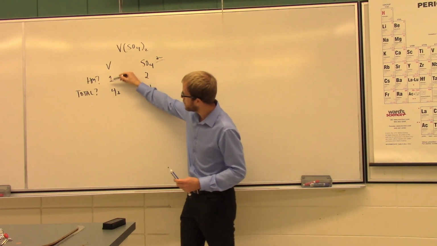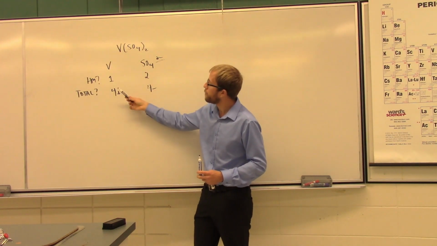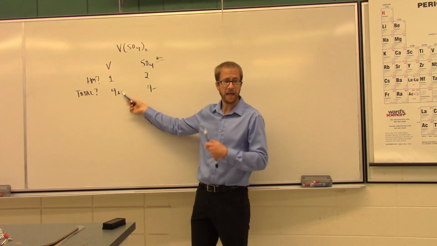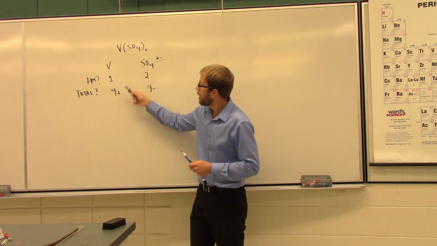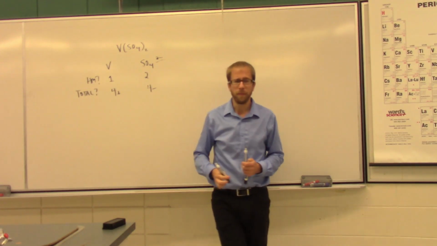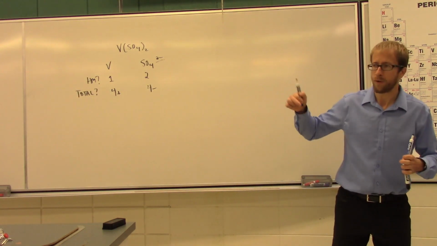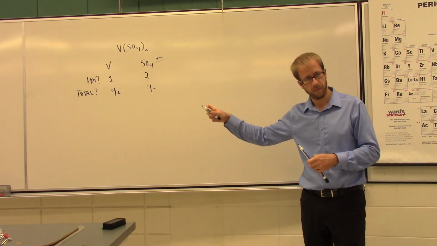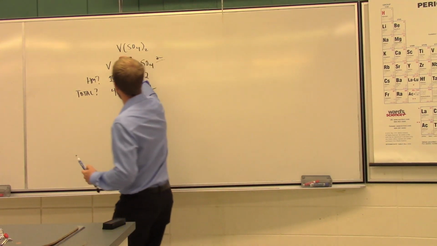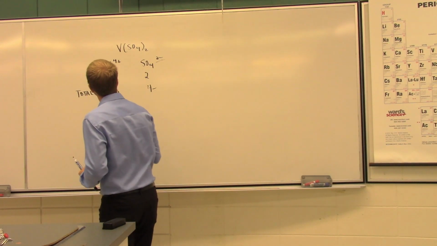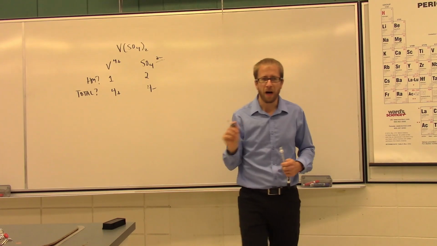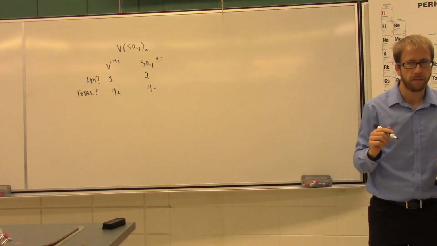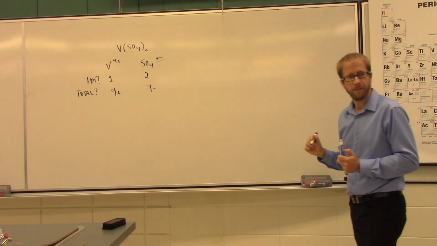Now let's do that last step working backwards. If we must have a charge of 4 positive, aka lose 4 electrons, and we have 1 vanadium, how many electrons must that 1 vanadium lose? It has to lose 4. So then what is the name of this compound? Vanadium(IV) sulfate.